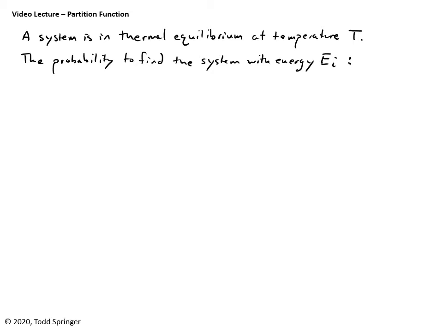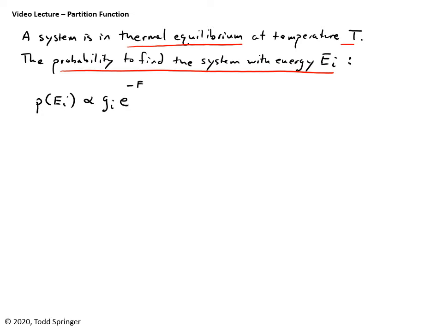So we're considering a system which is in thermal equilibrium at some temperature T, and it has some energy levels and energy states, and we're talking about the probability that you find the system with some energy Ei, so i labels the state. And we argued last time that the probability is proportional to gi times e to the minus Ei over kBT.